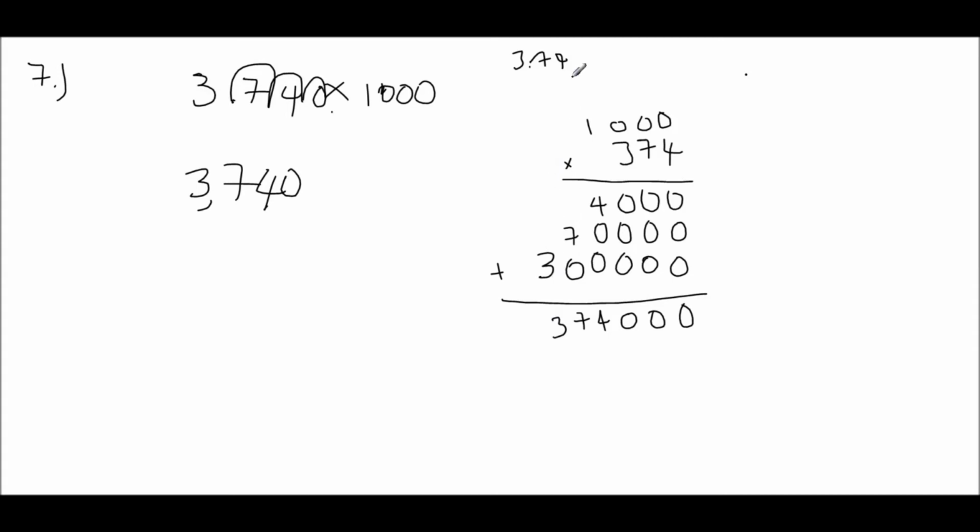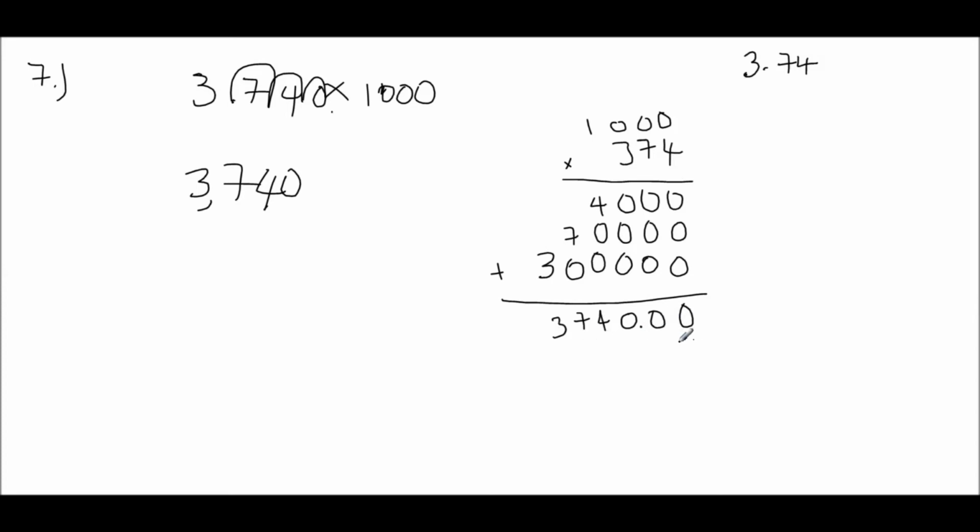Now going back to our 3.74, 374. This has 2 places of decimal. So if we're going to multiply it without the decimal points, let's come back and put those 2 decimal points in. So here we have 1 place and 2 places of decimal.